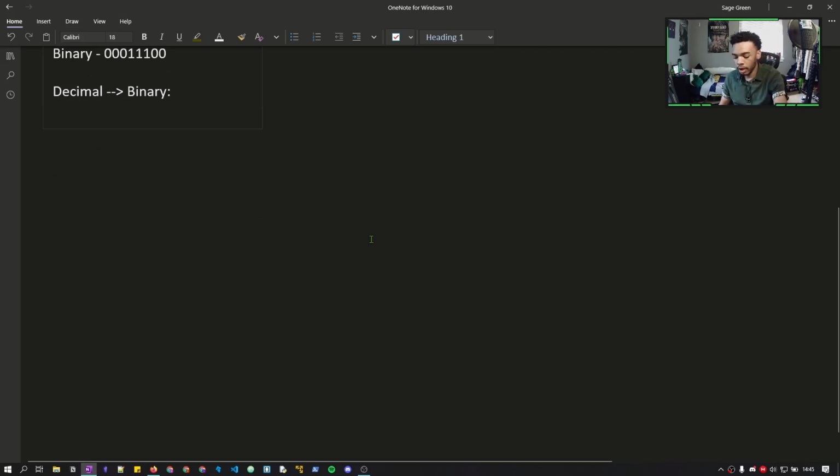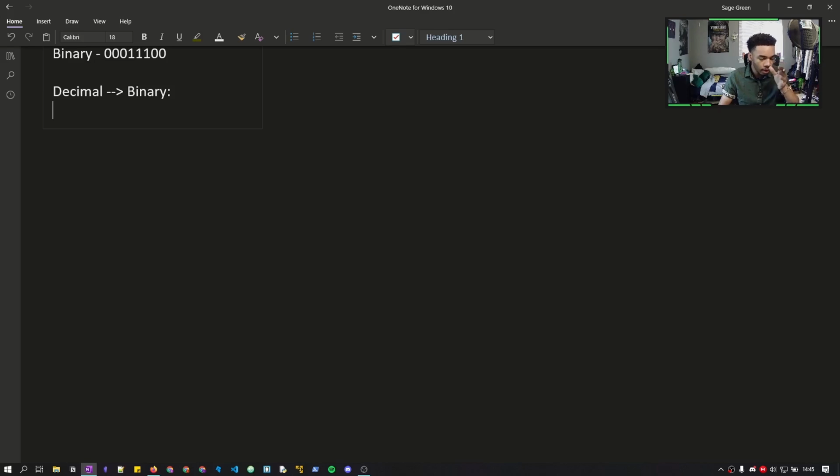So this is where I'm going to take out my drawing tablet. Whether you're writing your notes or typing your notes, however you choose to do it, just follow along. Each bit in a binary number represents a value, and this value is basically 2 to a certain exponent from 0 to 7.